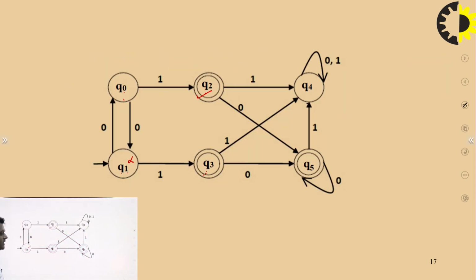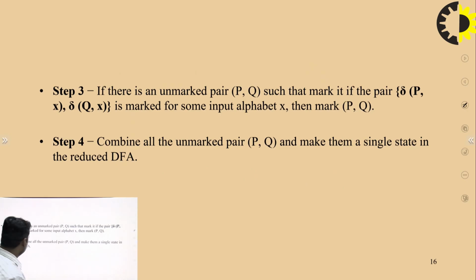If at the end any unmarked state is left, then consider that unmarked state and combine these states accordingly.